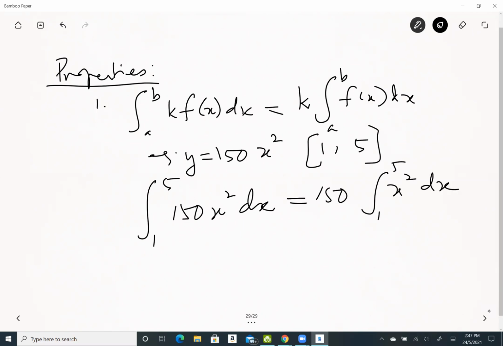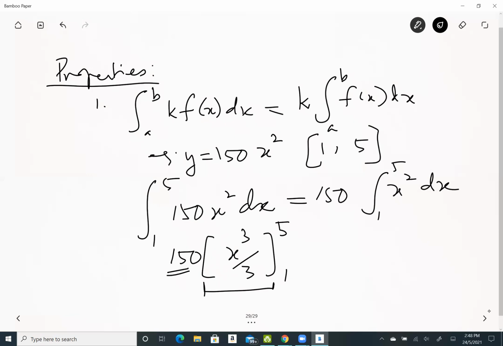Now I do the integration. You just take out the 150, and then that will be the integral of x cubed over 3 from 1 to 5. When you evaluate the integral, you just leave that 150 outside. Don't worry about that. You just worry about the evaluation of x cubed over 3. So that is one good thing about this property.